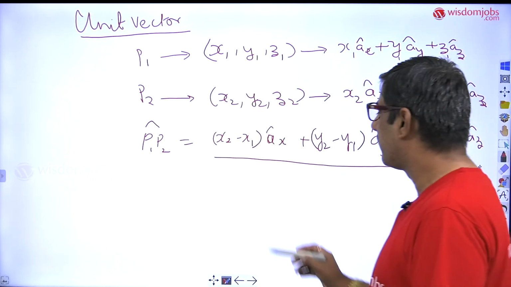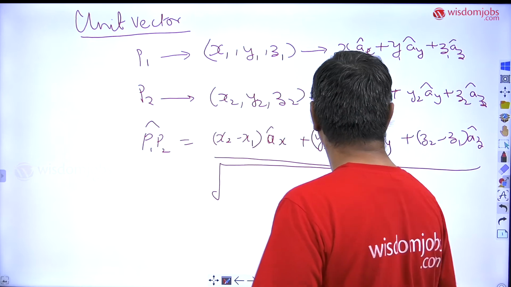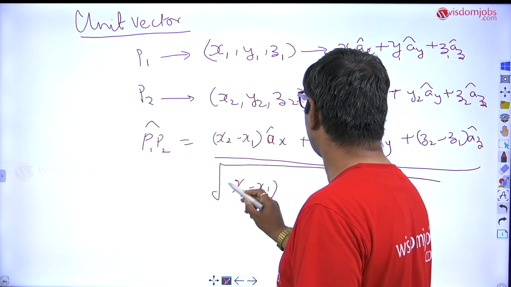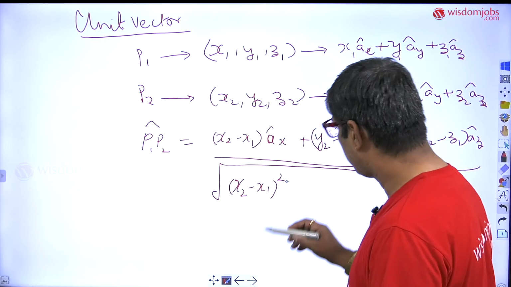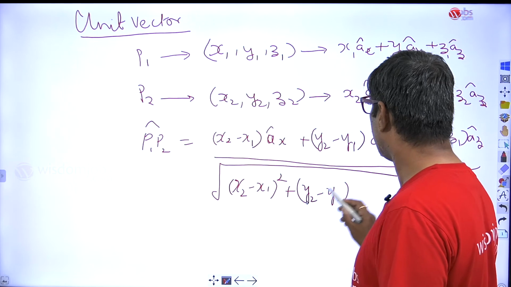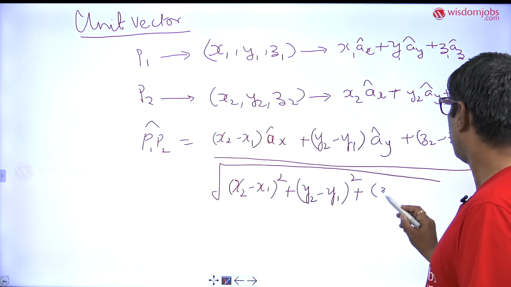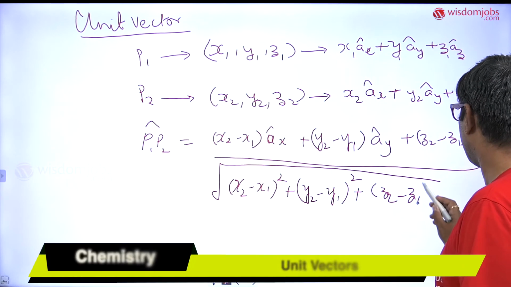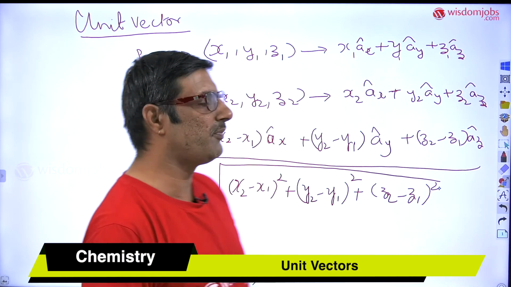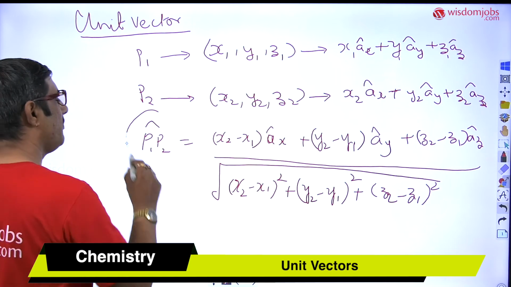What would be the magnitude of this vector? Simply the square root of (x2 minus x1) whole square plus (y2 minus y1) whole square plus (z2 minus z1) whole square. Okay, so this is the unit vector along the line joining P1 and P2.